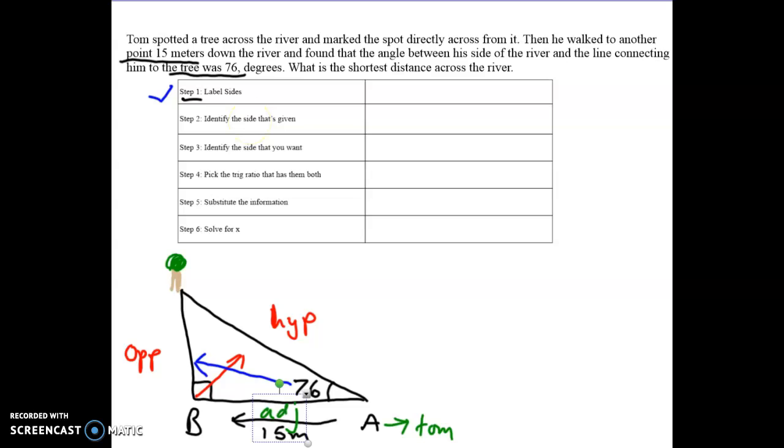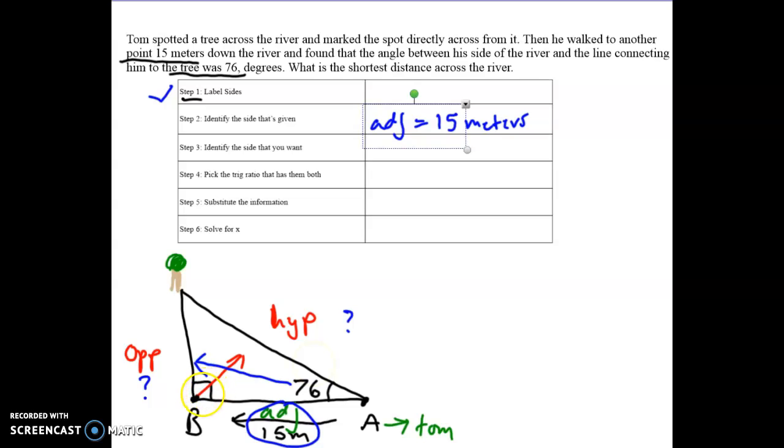Next, identify the sides that are given. I look down here and I say my opposite side is an unknown, my hypotenuse side is an unknown, but I know my adjacent side. So my adjacent side is equal to 15 meters, and there are meters in this equation. Next, identify the side you want to know. We know we can swim across the river from point A or from point B. We need to know the shortest distance.